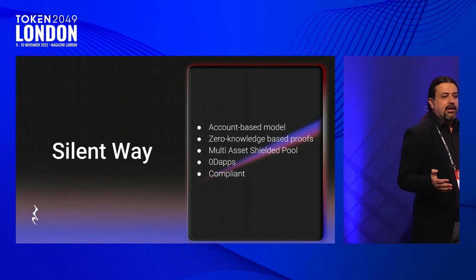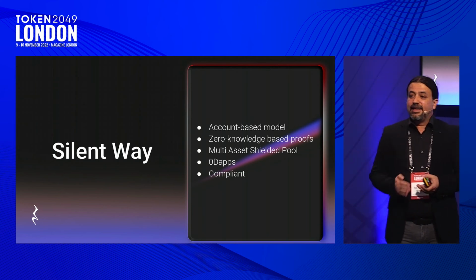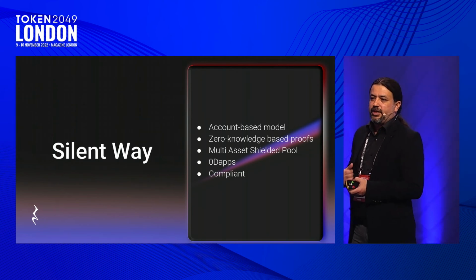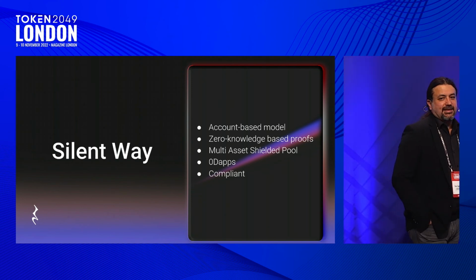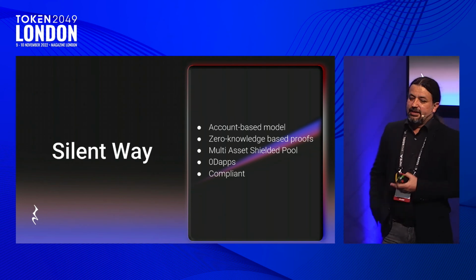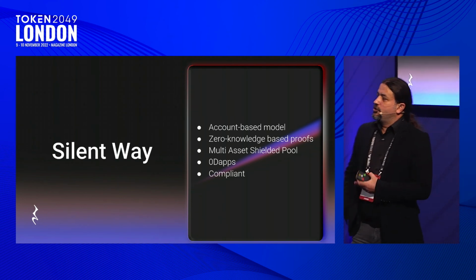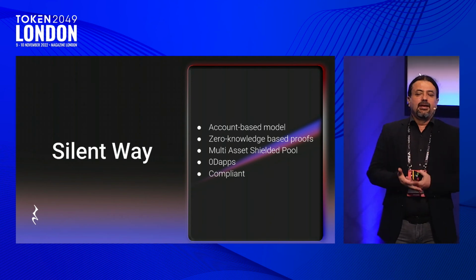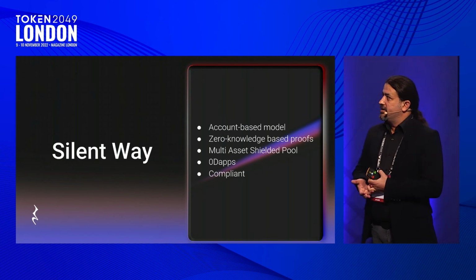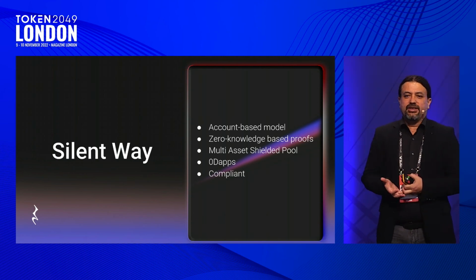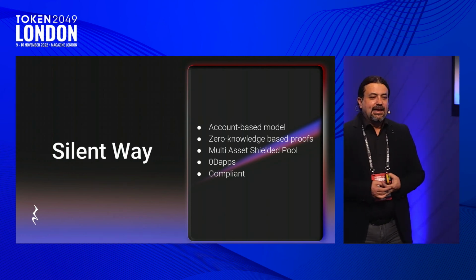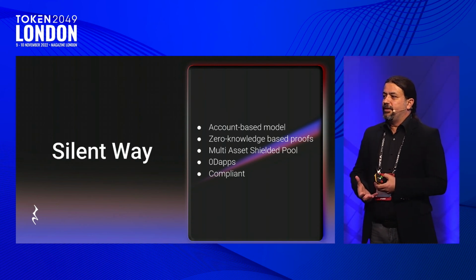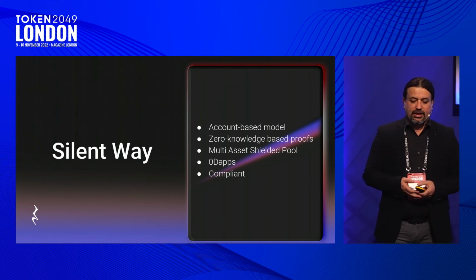And over time, this nullifier set gets bigger and bigger and bigger. That would affect the efficiency of the system. In order to avoid this inefficiency, we choose to have an account-based model. And of course, we are utilizing zero-knowledge-based proofs, SNARKs here, along with the multi-asset shielded pool, and we have the core parts, the building parts from the decentralized applications and the compliance as well.